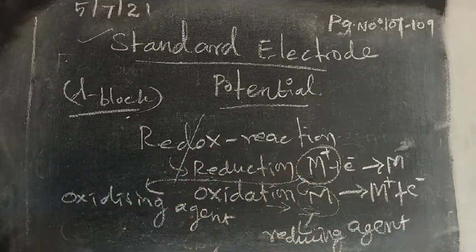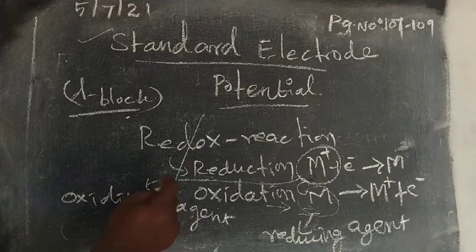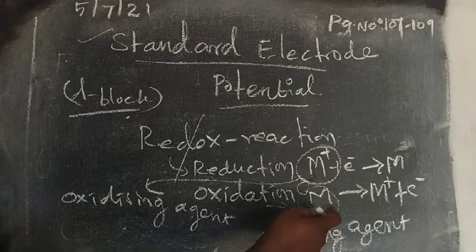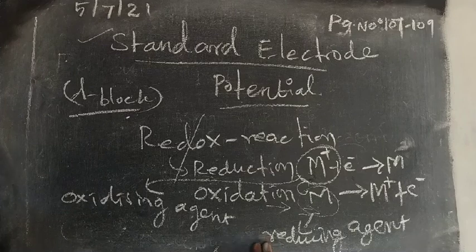So, the first one undergoing reduction acts as an oxidizing agent for the second one. The second one undergoing oxidation acts as a reducing agent for the first one. So a couple of reactions take place in a redox reaction. One is an oxidation reaction, another is a reduction reaction.